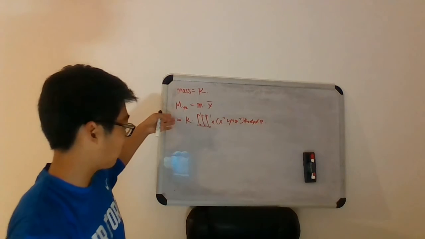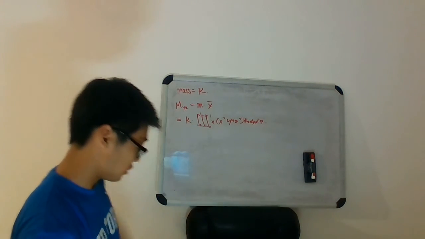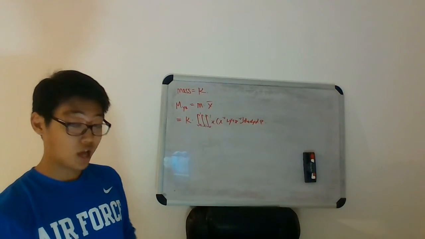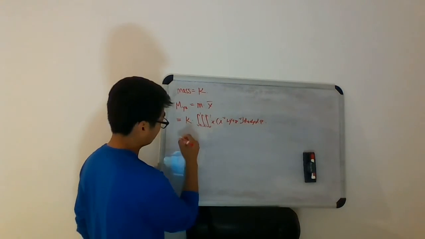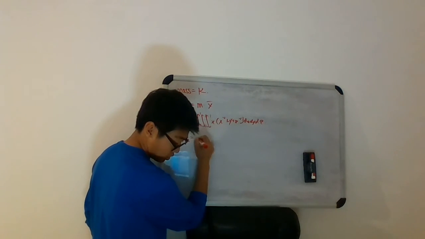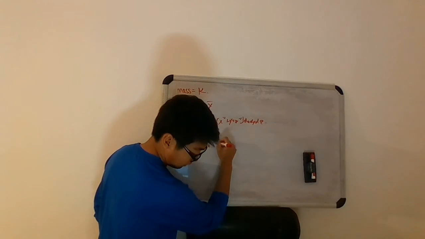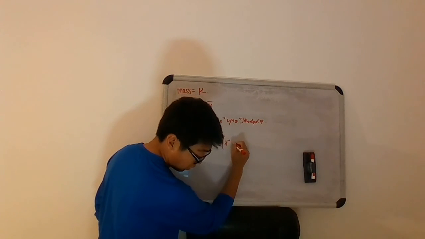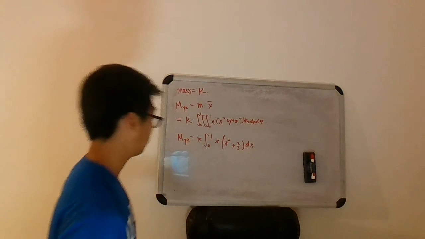And so since now we've set up this equation using a little bit of physics, we can use calculus to evaluate this integral. And so that can be rewritten as M_yz equals k times the integral from 0 to 1 of x times x squared plus 2/3 dx.